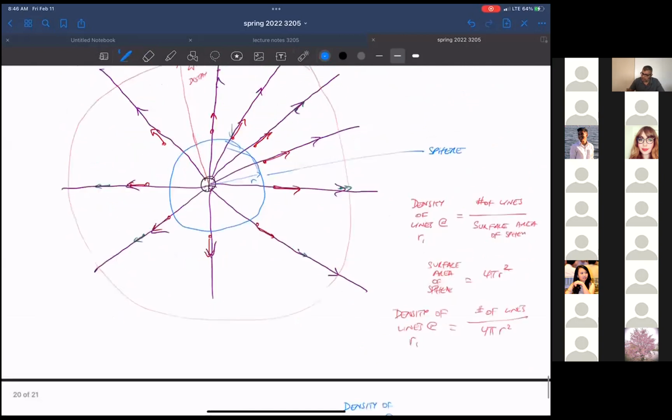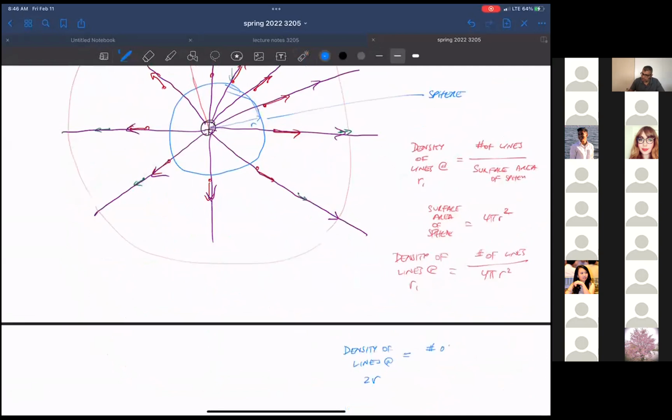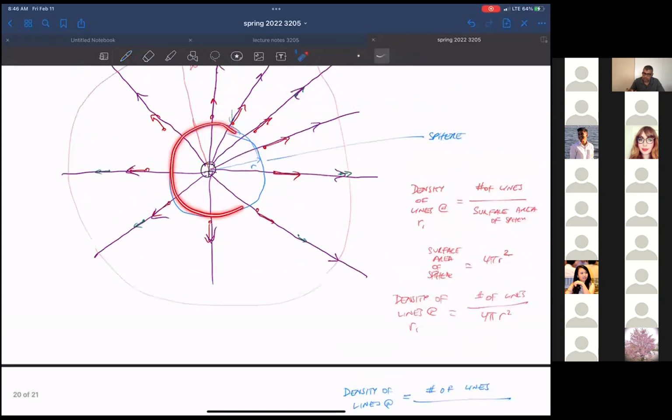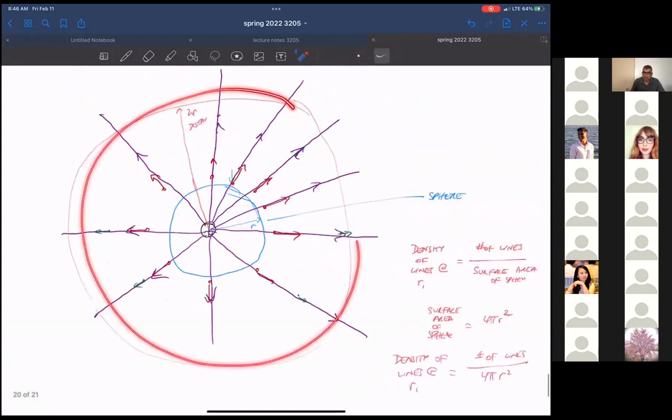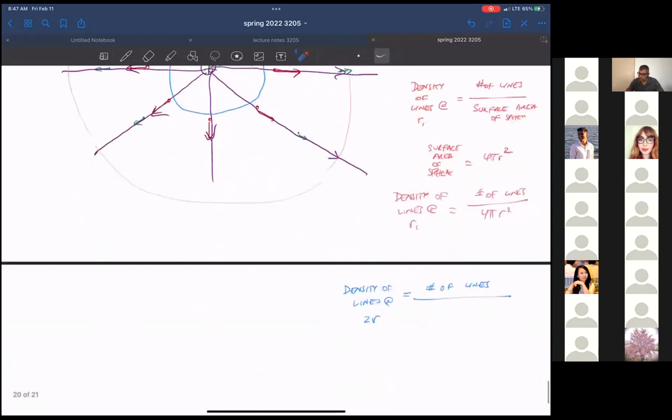Well, it's got the same number of lines. Let's call it 30, whatever it is. The same number of lines that cross this sphere will also cross this sphere. Does everybody agree with that? I'm just saying these lines are emanating, whether my sphere is here or here, that same number of lines have to cross the surfaces of both spheres, right? Because they got to leave it. So the number of lines is the same.